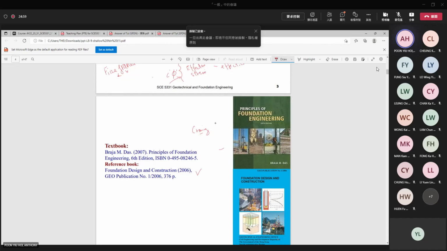Also, sometimes you can make reference to the Code of Practice for Foundations, I think the 2017 version. This is available under the Buildings Department, so you can make reference to that.